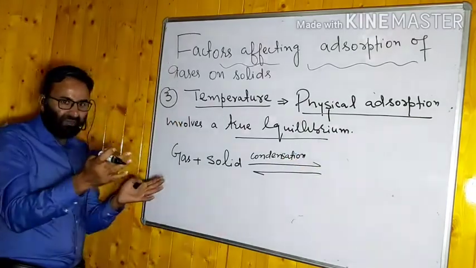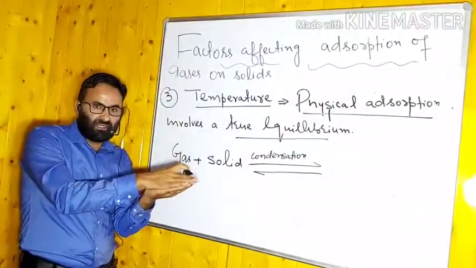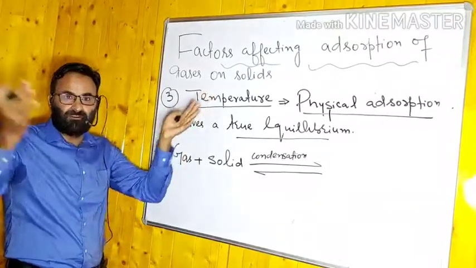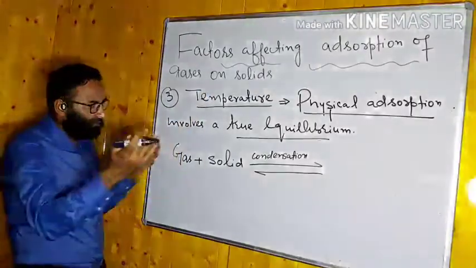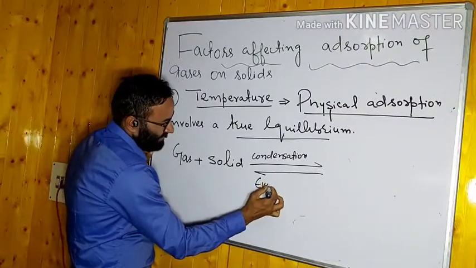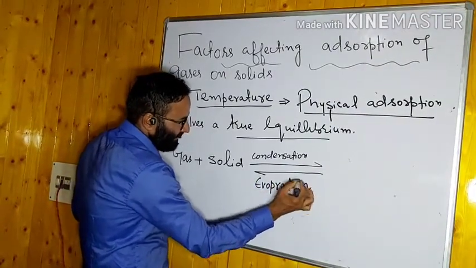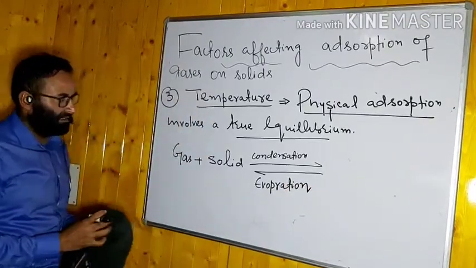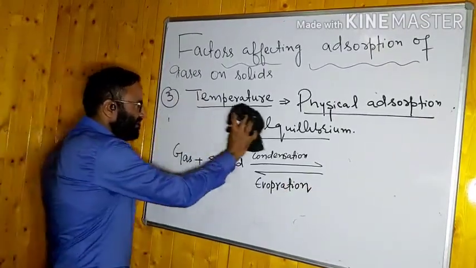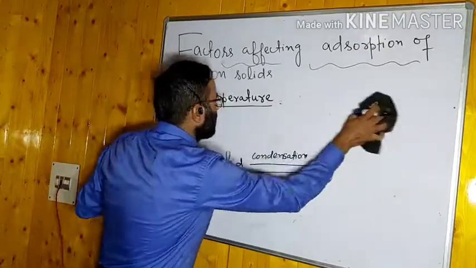Remember this, when the gas molecules come and stick on the surface, it is condensation. And when they leave the surface, they go apart. When they move apart, that is evaporation. It means that physical adsorption is reversible in nature. It involves a true equilibrium process.